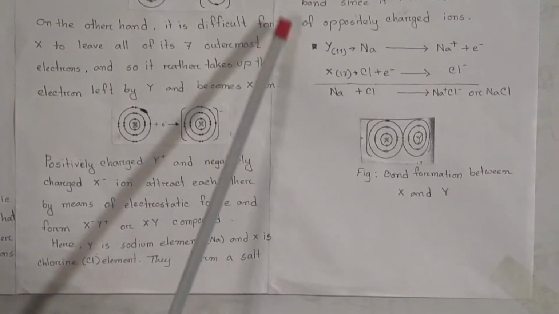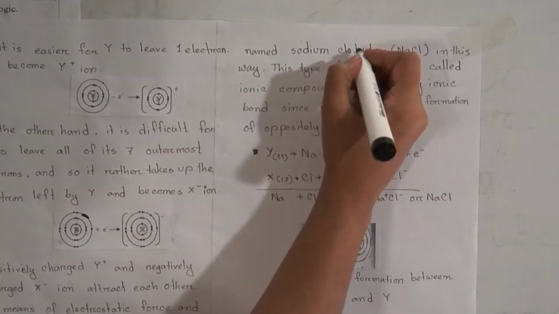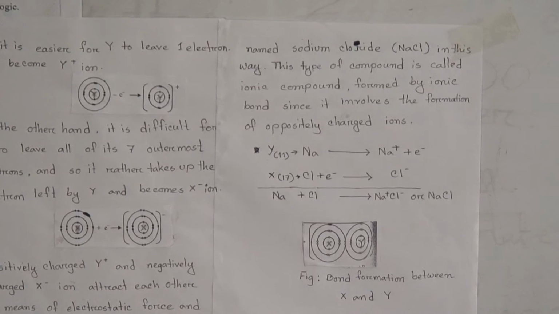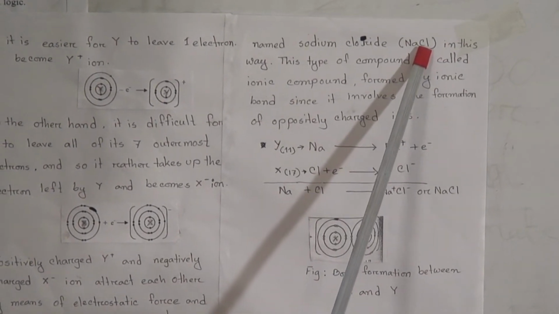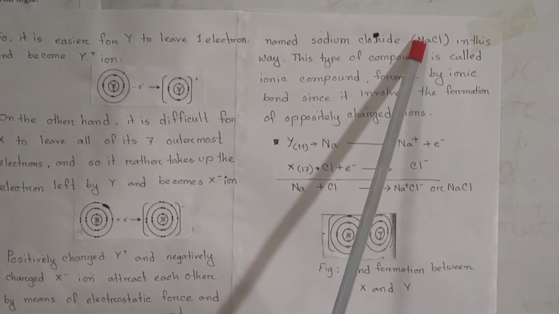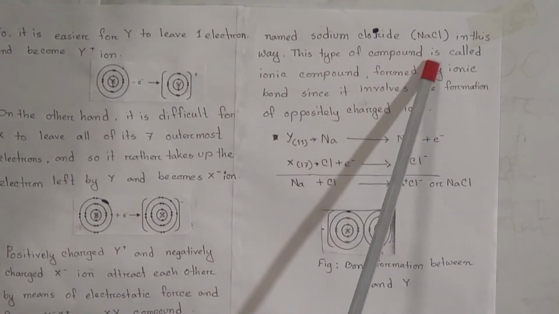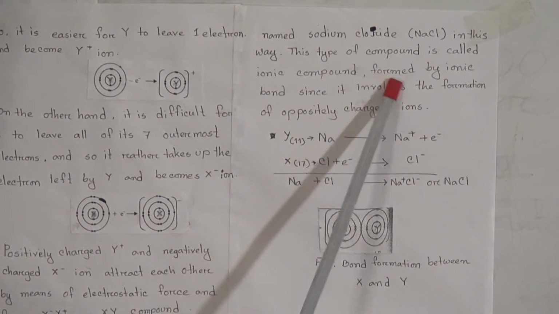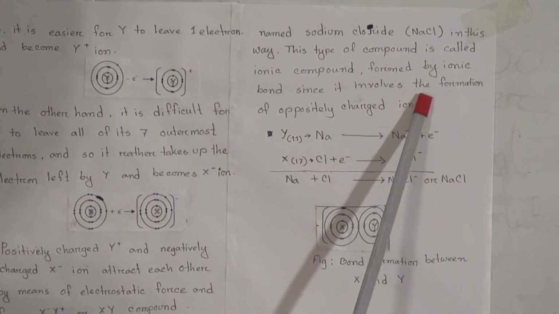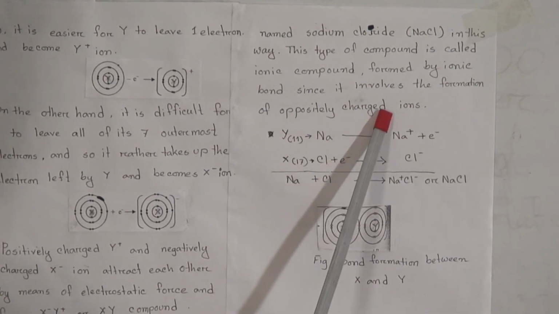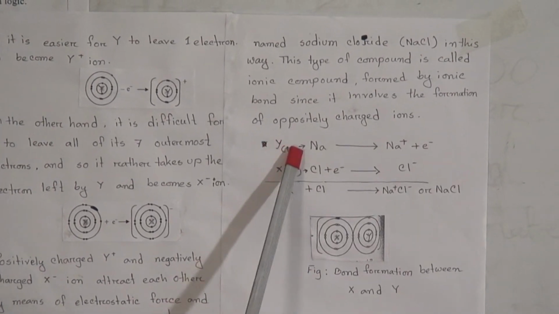They form a salt named sodium chloride, NaCl. This is the sodium chloride. In this way, this type of compound is called an ionic compound, formed by an ionic bond since it involves the formation of oppositely charged ions. You have to draw this chart like this.